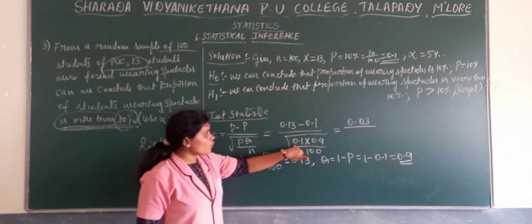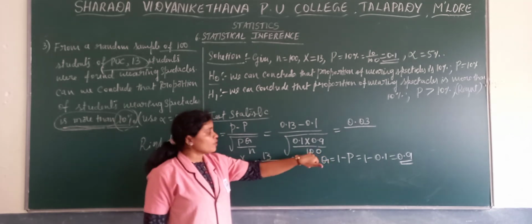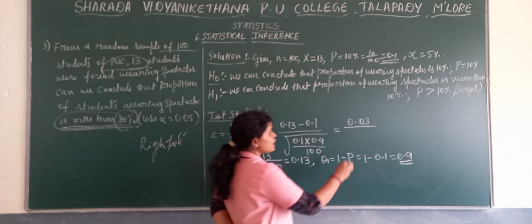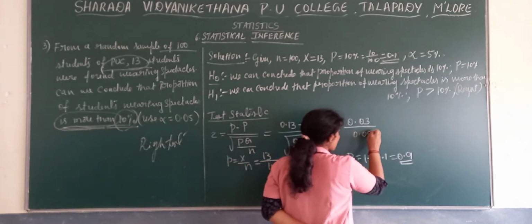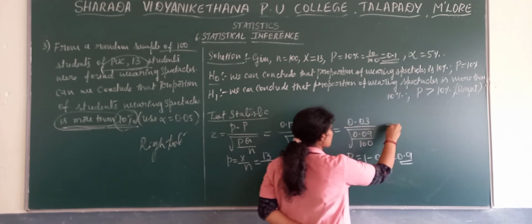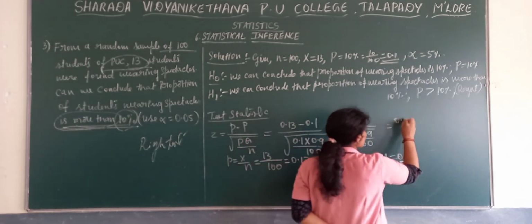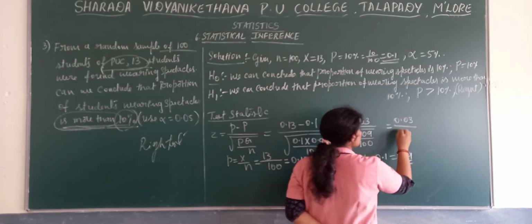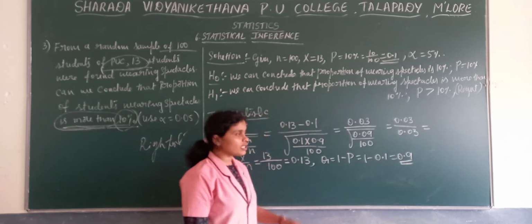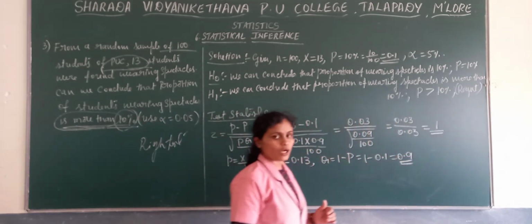Then 0.1 into 0.9, when we multiply, we get 0.09 divided by 100. Then take the root, and we get 0.03. So 0.03 by 0.03, we get the calculated value as 1.